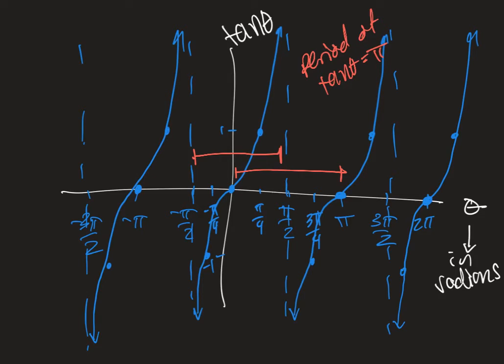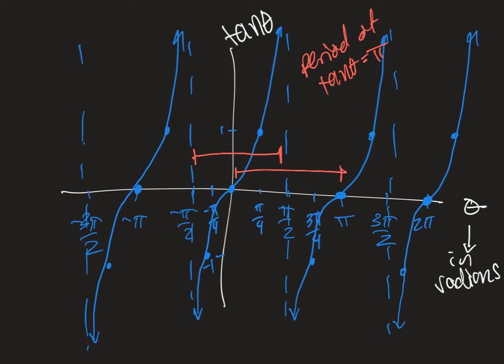So it's half of the period of sine and cosine of theta, because you can see it when you're going around the unit circle. Tangent is going to go from positive to negative from the first to the second quadrant, and then when we enter the third quadrant, it's going to go from positive to negative again. So it's going to repeat all the same values throughout the third and fourth quadrant.